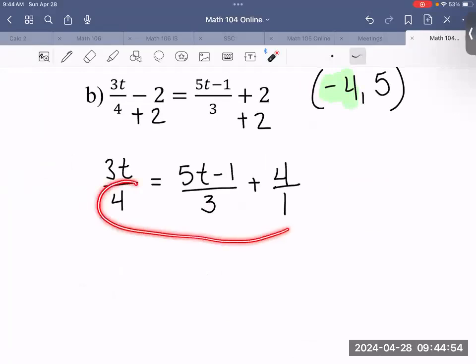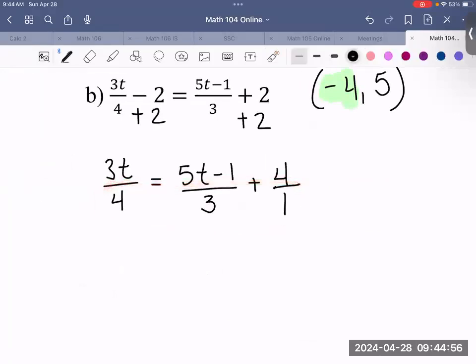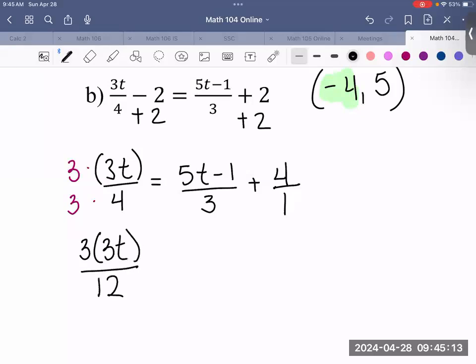We can also do that by multiplying all of these values here. So if I multiply this 4 by 3, what I do to the bottom, I do to the top. I want to put parentheses around here too. That'll get me to 3 times 3t over 12. That is what I need on the bottom.